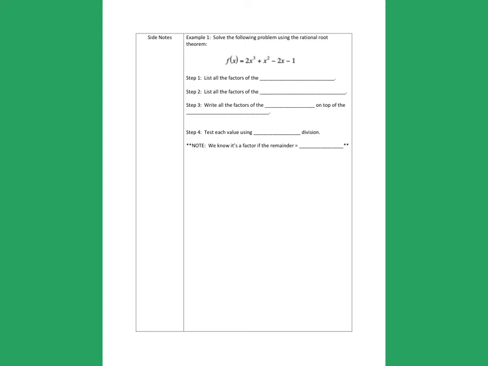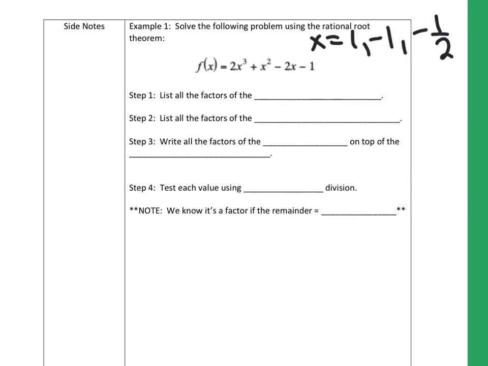So we'll go ahead and look here. We're actually going to use that same equation, and I'm going to just write those answers that I already got up here for reference, because I'm going to show you why this works. It will work for everything, but again, if you can factor it, you don't have to use this. How we do this though, we list all the factors of the constant.